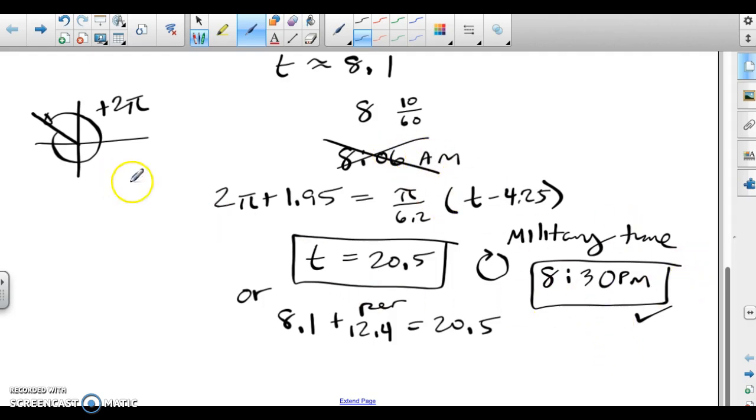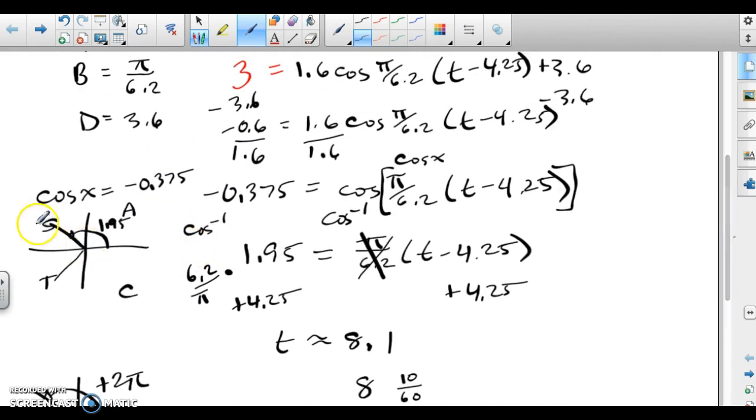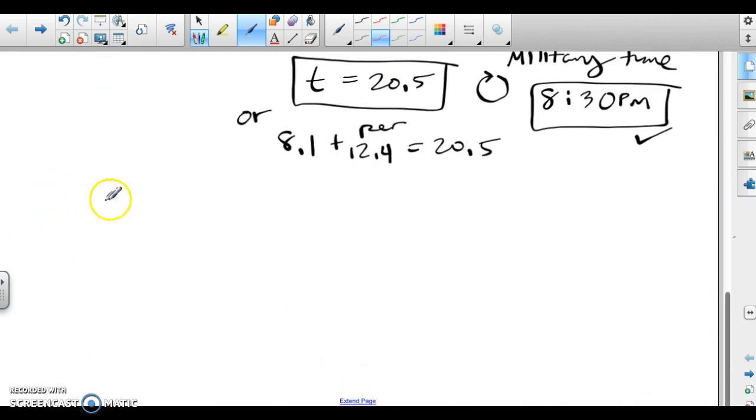Okay, now the other scenario was we're only given that this was in quadrant 2. We also need to take into account the answers that occur in quadrant 3. So now we've got to solve for that. In quadrant 3, we know that if this in quadrant 2 is positive 1.95, then going in reverse must be negative 1.95.